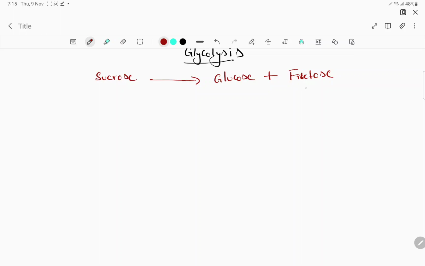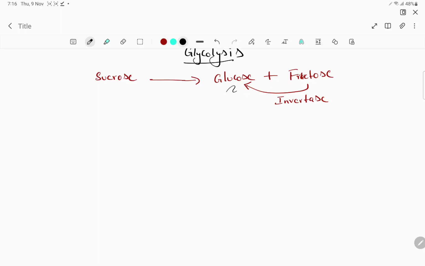Actually, this fructose is also converted to glucose by invertase. This is the enzyme given even in the NCERT textbook also. Now let's start with glucose, because this chapter is respiration in plants, so that's why we have to see from the perspective of plants only.